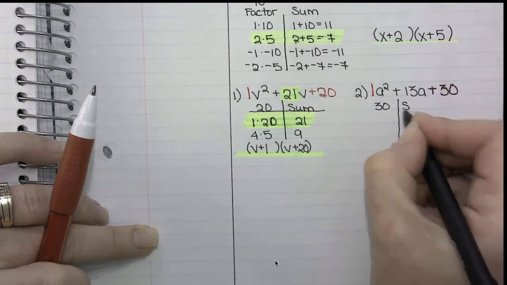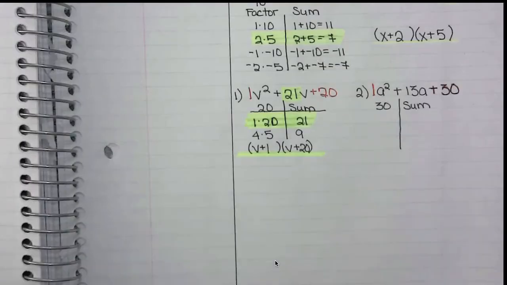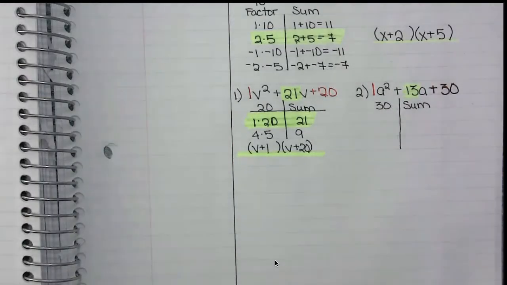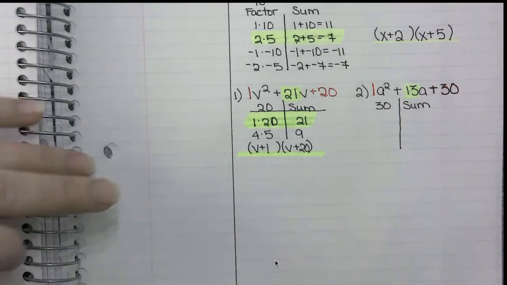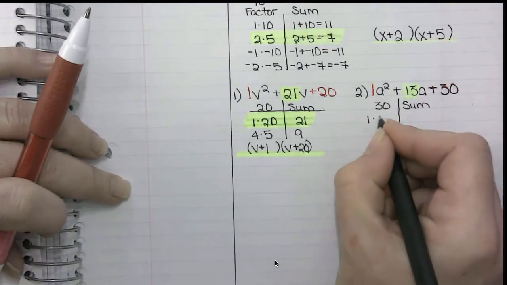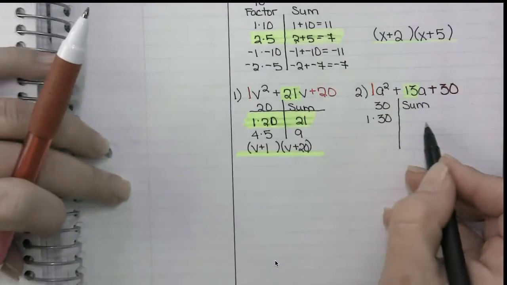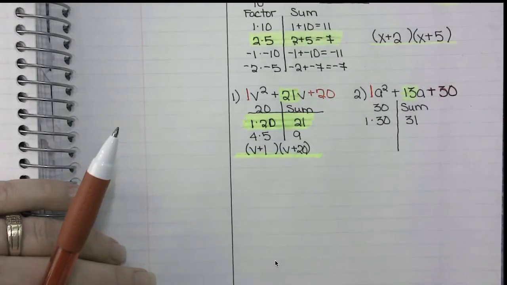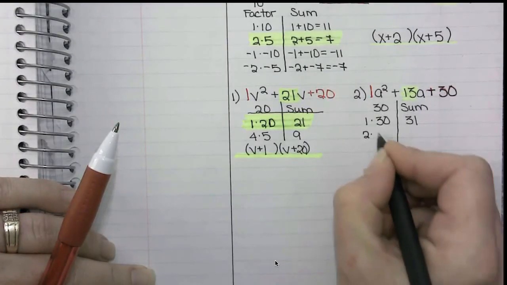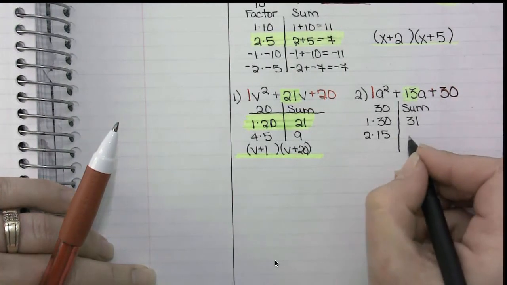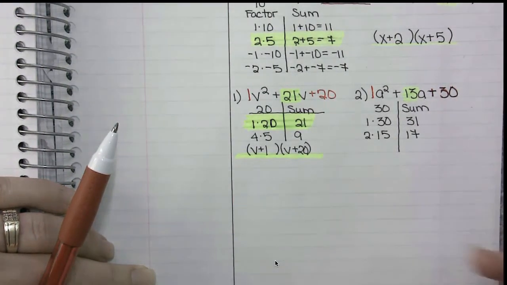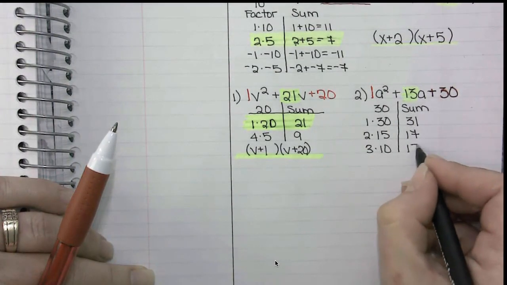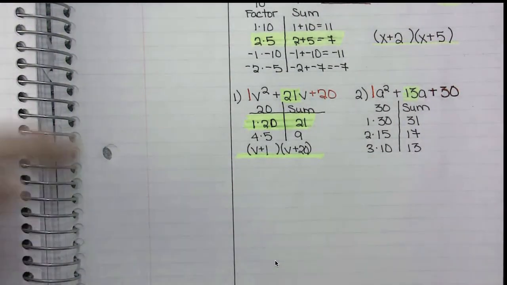And when I sum the factors together, I'm looking to get a 13. So let's begin with our factors. 1 times 30, and then I'm going to sum at the same time. That would be 31. 2 times 15. If I sum these together, I get 17. 3 times 10. If I sum these, I get 13, and that's what we're looking for.